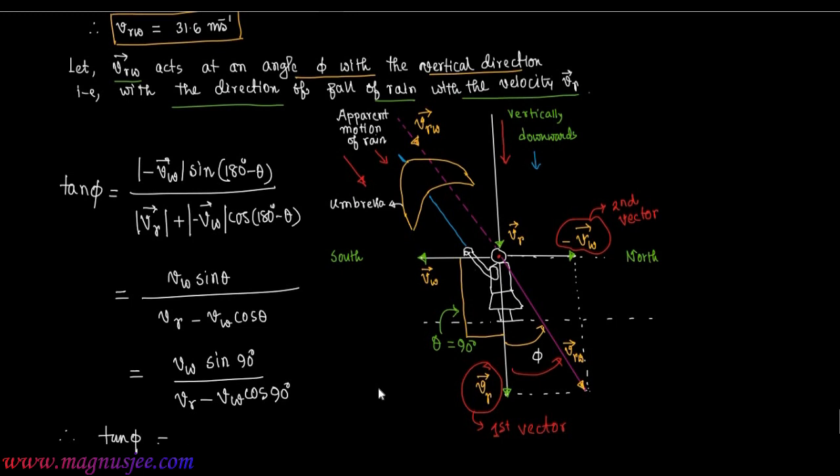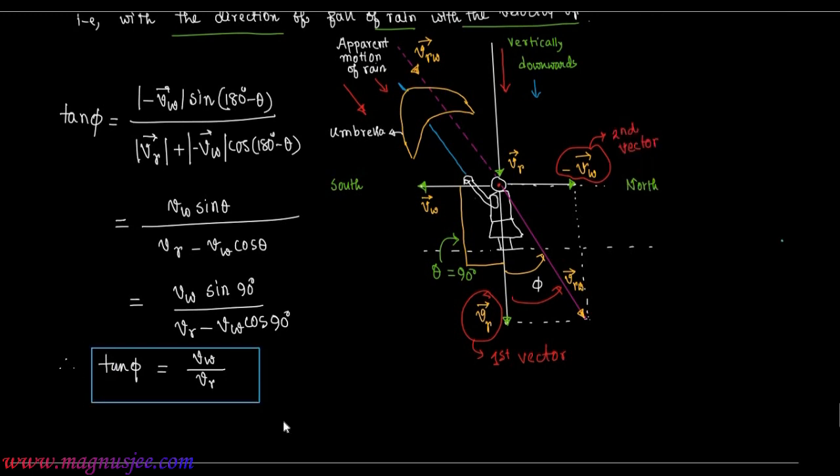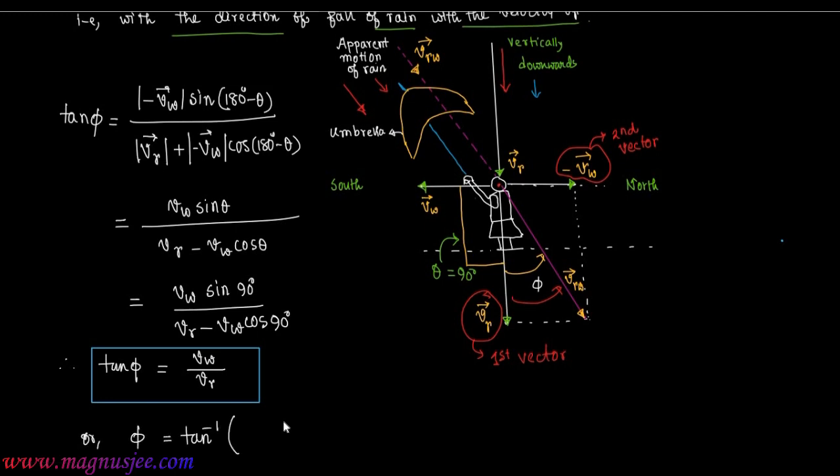Therefore, tan phi is equal to VW by VR, since sin 90 degree is 1 and cos 90 degree is 0. That is, tan phi is equal to velocity of woman divided by velocity of rain, or phi is equal to tan inverse VW by VR.